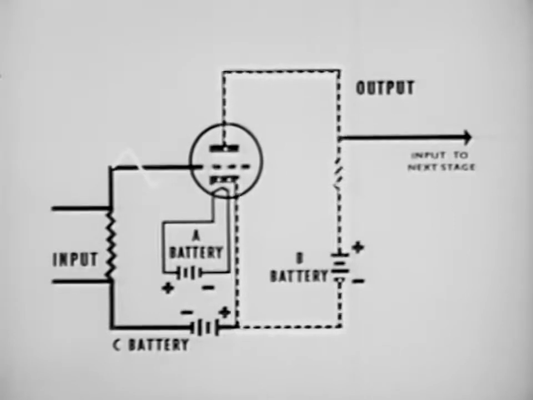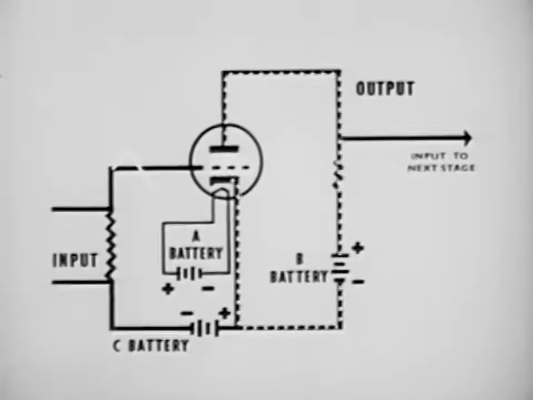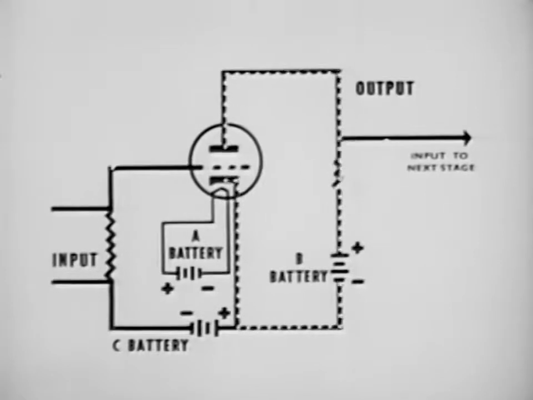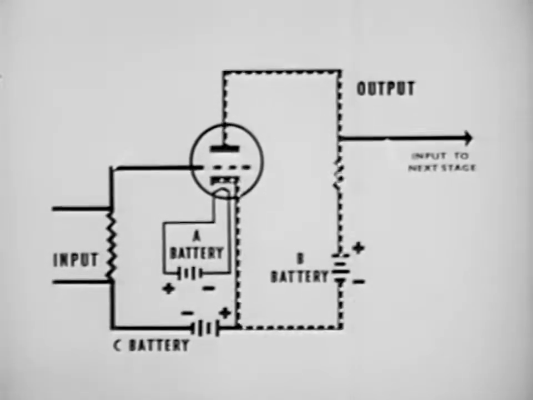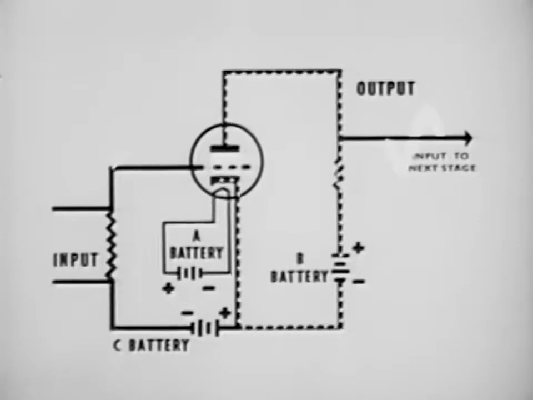This causes the current flowing through the tube to vary in accordance with the difference in potential between the grid and cathode. This varying current flow through the tube causes the voltage across the plate load to decrease and increase. This voltage change across the output is an amplified reproduction of the input.